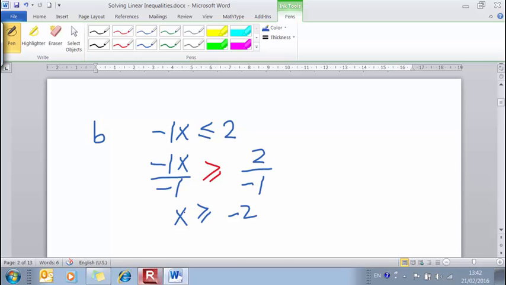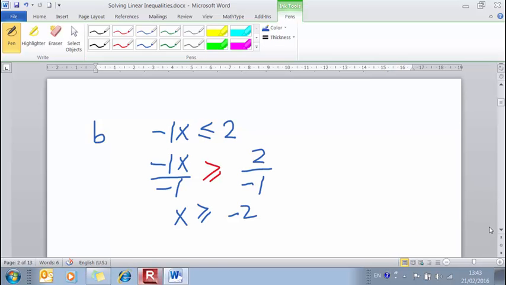Now once again, we have made x alone here with a positive 1 as the coefficient, and hence we have reached the solution. Now you notice that in method A and method B, we have reached the same solution. This once again reminds us that when we multiply or divide by a negative number, we must not forget to flip the inequality sign.